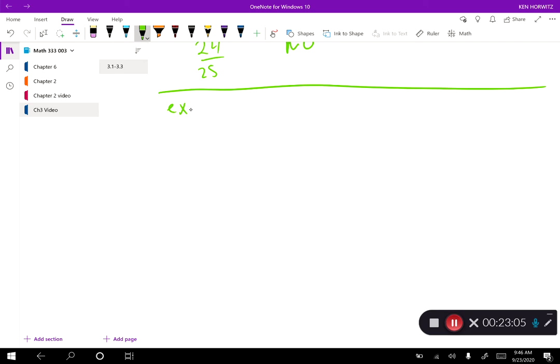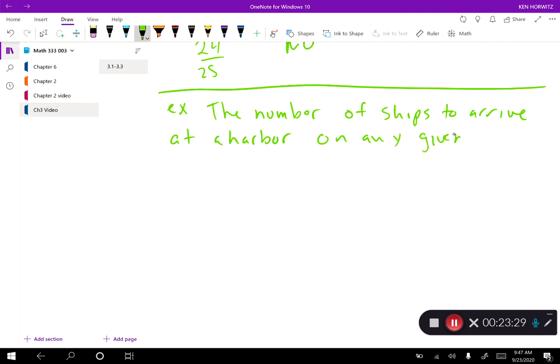The number of ships to arrive at a harbor on any given day is a random variable represented by x.